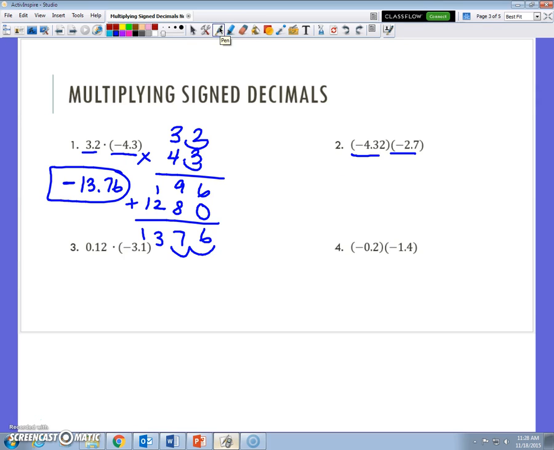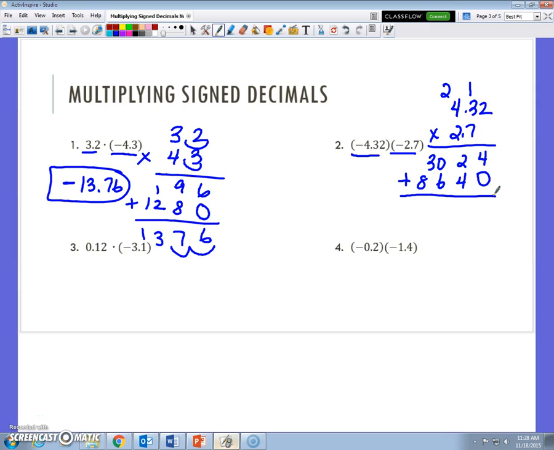So we're just going to multiply again. 4.32 times 2.7. First things first, I'm going to take 7 times 2, 14. 7 times 3 is 21, plus 1 is 22. 7 times 4 is 28, 29, 30. Now I'm adding, and I need a placeholder for my 0. 2 times 2 is 4. 2 times 3 is 6. 2 times 4 is 8.